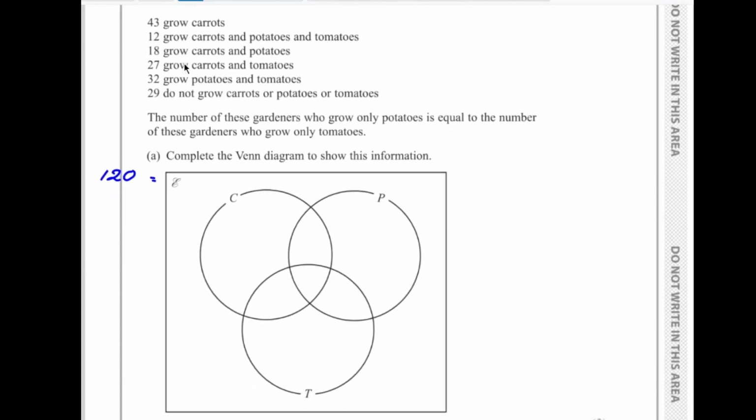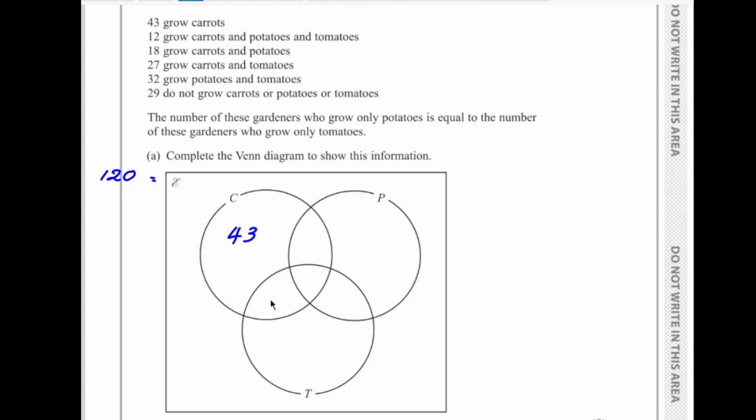Now we've been given 43 grow carrots. Now straight away, don't write 43 here. Can we write it? No, because the 43 grow carrots means this full circle, the whole circle represents carrot. So this part is only carrots. This part, if you come over here, represents carrot as well as potatoes.